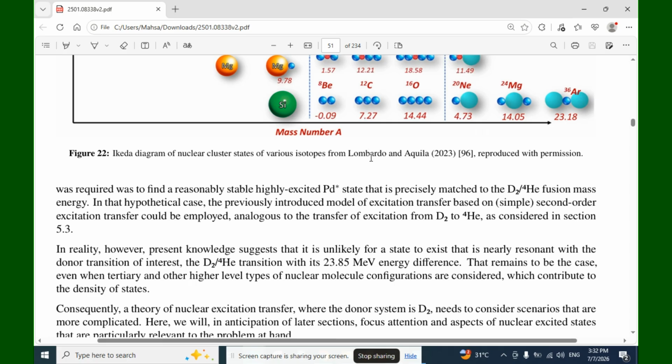In the hypothetical case, the previously introduced model of excitation transfer based on simple second-order excitation transfer could be employed, analogous to the transfer of excitations from deuterium-deuterium to helium-4 as considered in section 5.3.